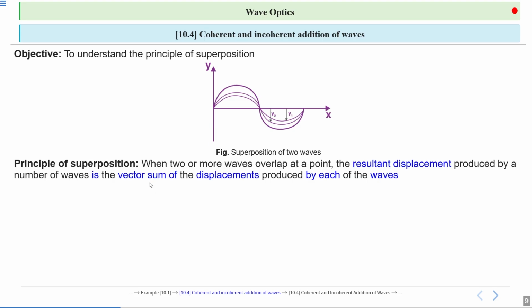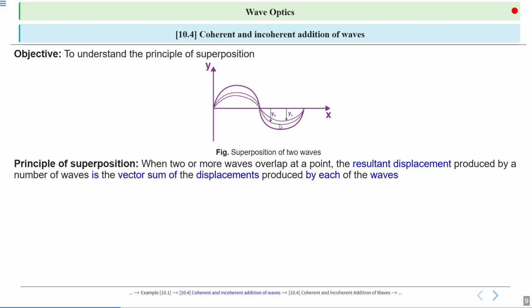So what is the principle of superposition? These are two waves. This is the first wave having displacement y1 at any instant, and this is the second wave having displacement y2. When two or more waves overlap at a point, the crest of one wave may lie on the crest of another, or the trough of one on the trough of another.